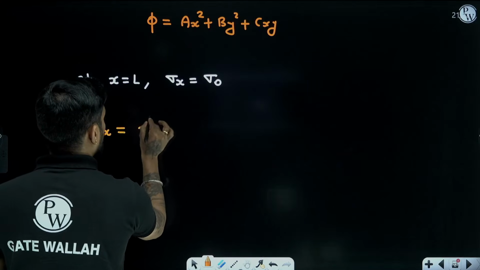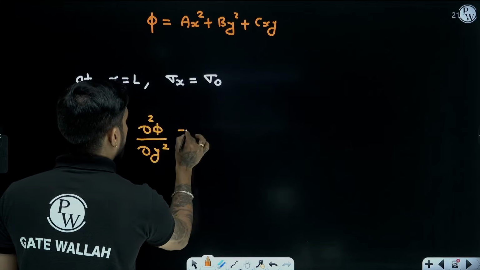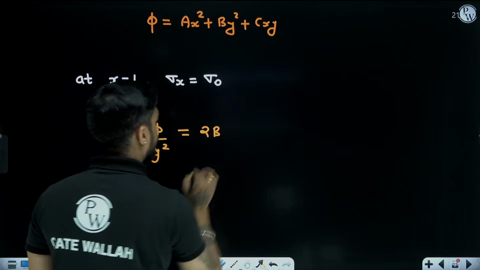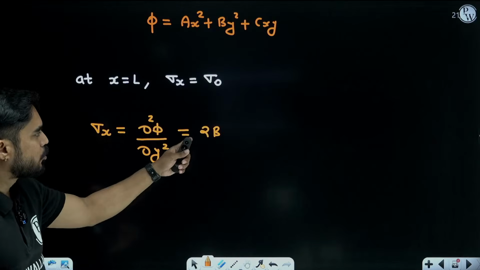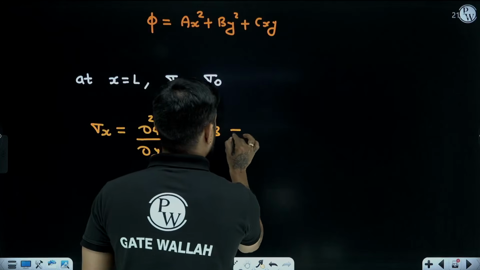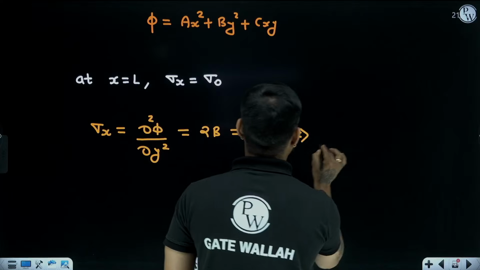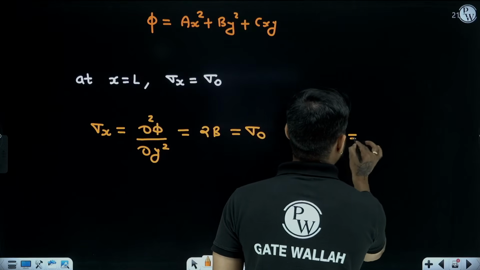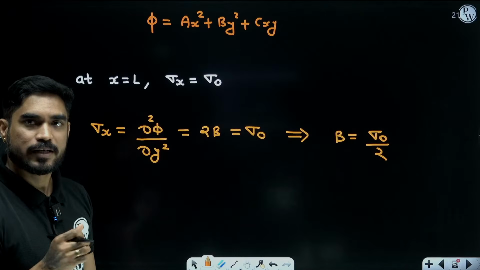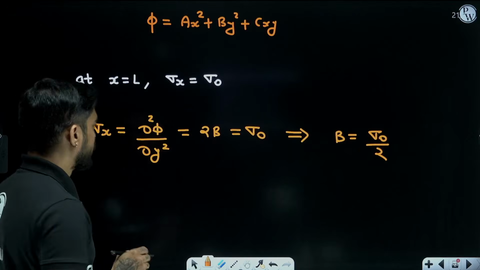It will be dou square phi by dou y square, which will be equal to how much? 2b, right? And this should be equal to sigma naught. So from here I can say b should be equal to sigma naught by 2. Yes or no? B should be equal to sigma naught by 2.